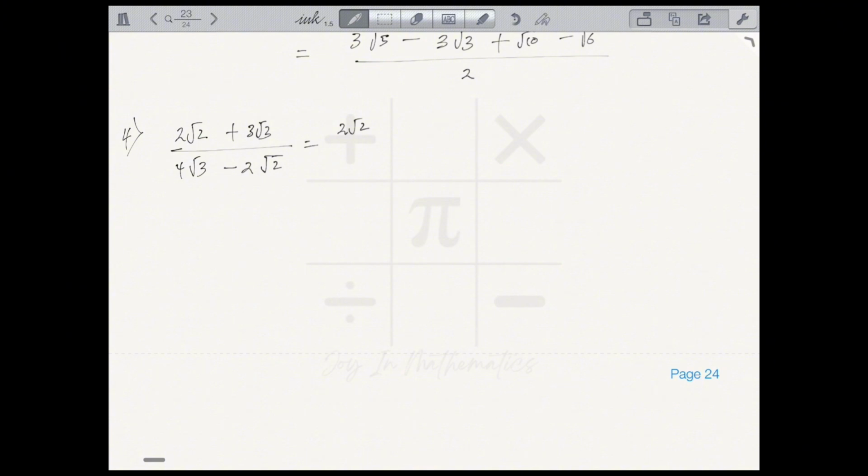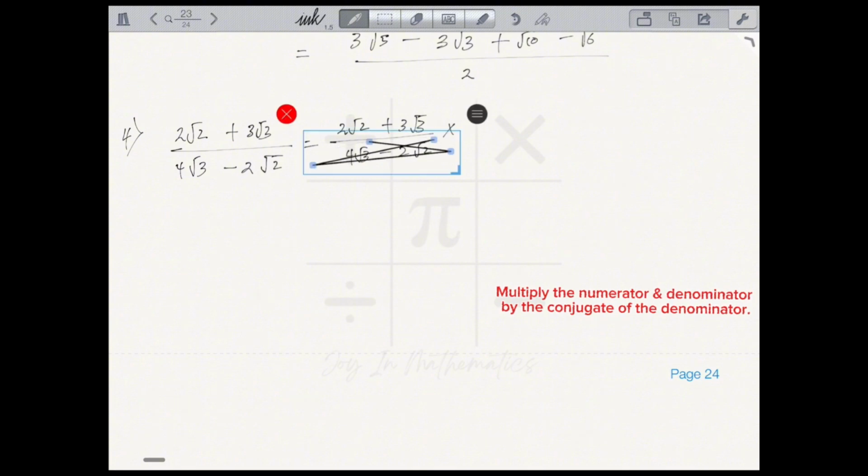So this will be 2 root 2 plus 3 root 3 divided by 4 root 3 minus 2 root 2, and we are going to multiply the numerator and the denominator by the conjugate of the denominator, and the conjugate of the denominator is 4 root 3 plus 2 root 2.